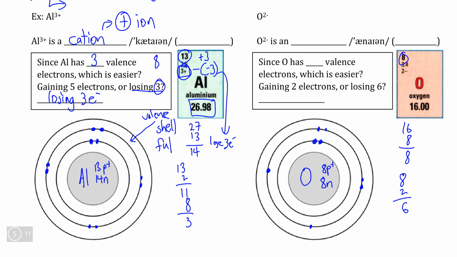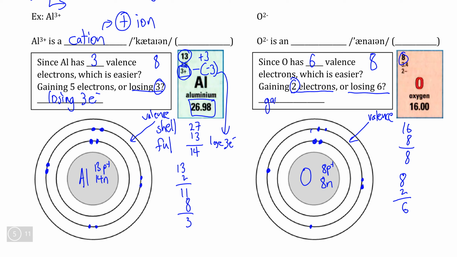So here we can see, if we look at oxygen's valence shell, the outermost shell, that oxygen has 6 valence electrons. Now remember, we need to get to 8 to make this shell full. Now, which is easier, gaining 2 electrons or losing 6 electrons? Well, 2 is less than 6, so that is probably easier.